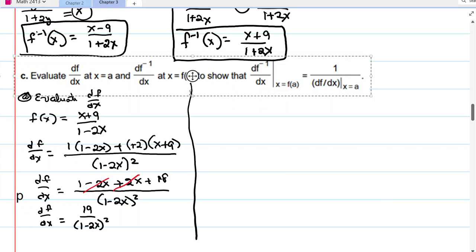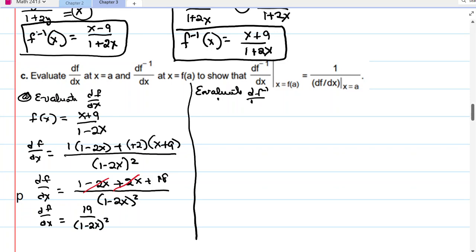Now I'm going to evaluate the inverse. That one is the one we just did.